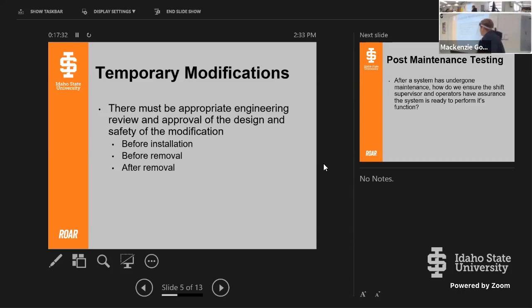Temporary modifications are still reviewed and approved by engineering before maintenance or operations can implement them, okay? They look at the design of the modification. They make sure that it's going to accomplish the purpose that you have for it, whether it's isolating a certain system for testing or putting you in the correct mode for maintenance.